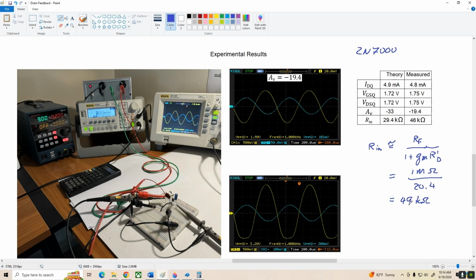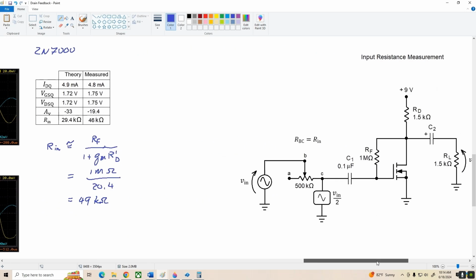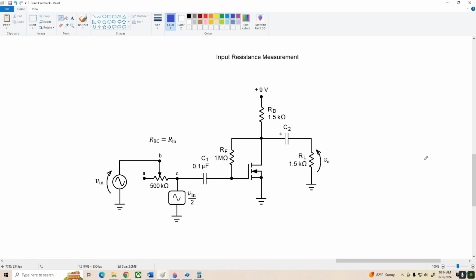And at this point, you're probably wondering, well, how did I measure the input resistance? Well, let me show you how I did that next, okay? And this is the circuit. I took the amplifier and I placed a 500K ohm variable resistor between the input source and the input of the amplifier, and that forms a voltage divider. What we've got here is our input source Vin.